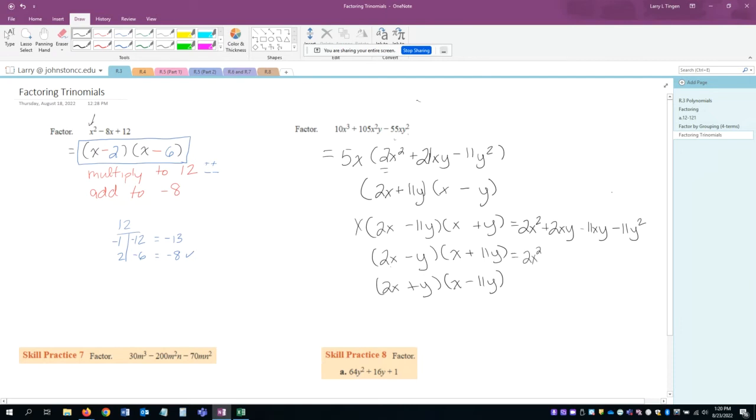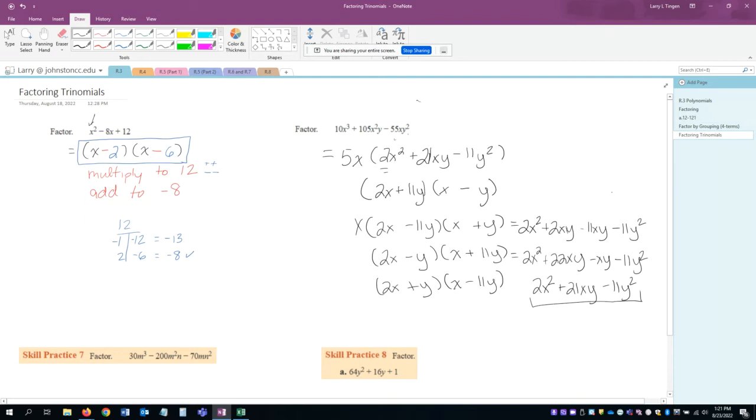Let's go to the third one. 2x times x, 2x squared. Outer, 2x times 11y is positive 22xy. Inner, negative y times x is minus xy, and then negative y times positive 11y is negative 11y squared. Combine the middle two, that's 22xy minus xy, which is going to give me 21xy minus 11y squared. There it is.